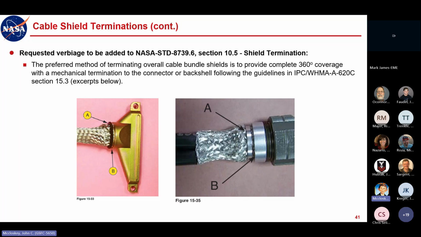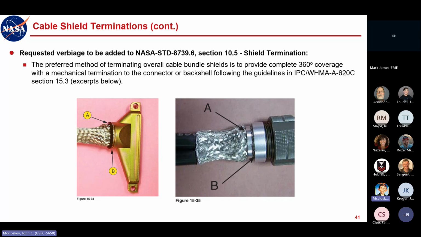If it's got to be with a wire, make sure it's absolutely as short as possible. And I think the verbiage I wrote is that it's really only acceptable when there's an overall bundle shield that's providing your overall protection from the outside environment. Does that help?